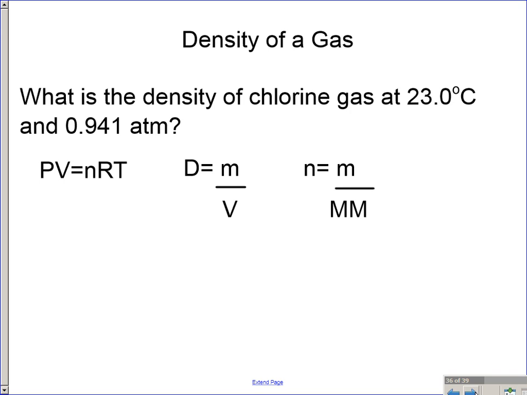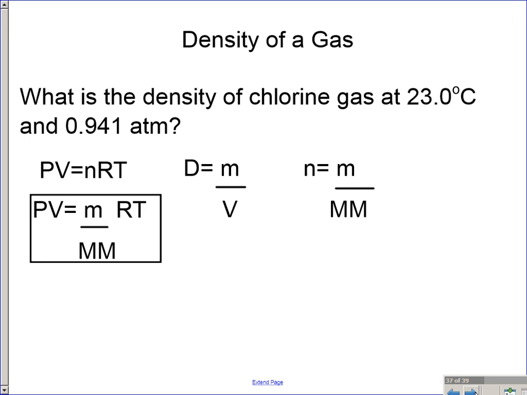So using this, you can substitute mass over molar mass in for moles in PV equals nRT. So then we have P times V is equal to M over MM times RT. You can rearrange that to try to get to density. So to get to density, we need volume below mass.